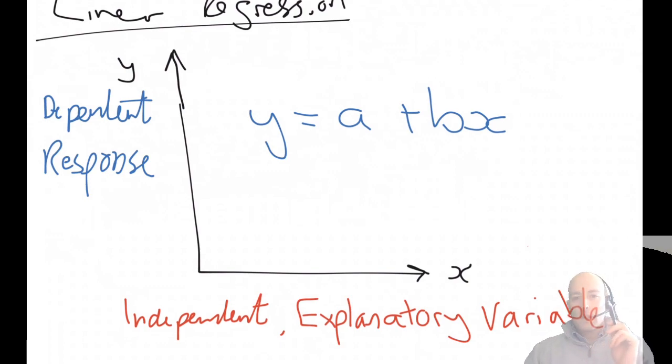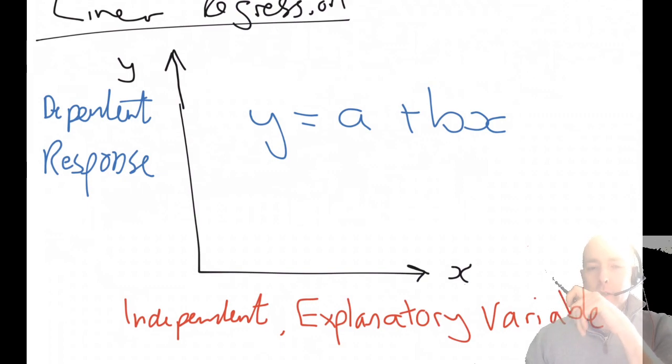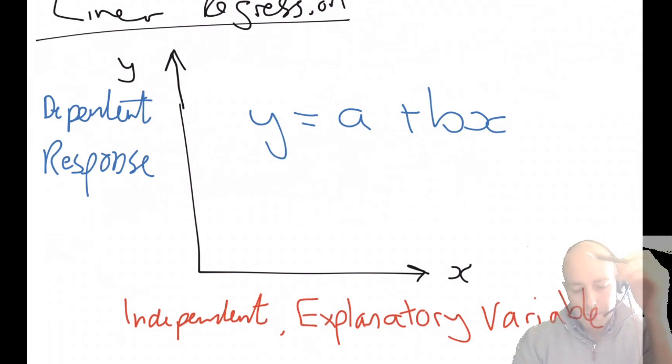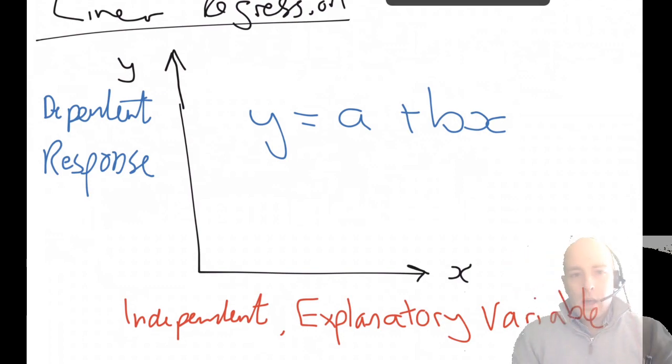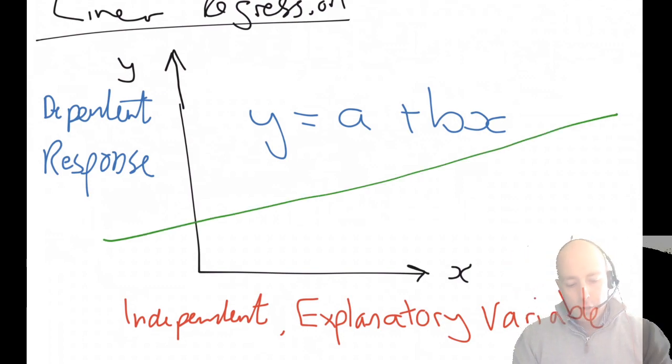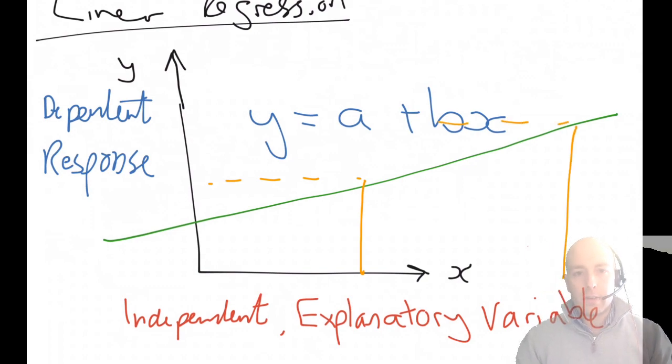So because of this, you can use x to predict y, but you cannot use y to predict x, because y wasn't part of the equation we made up. We made up the equation based on what x was doing and how it was affecting y. It won't work the other way around. So if I came up with this line equation here, I could use any x value to predict a y value, and that'd be okay.